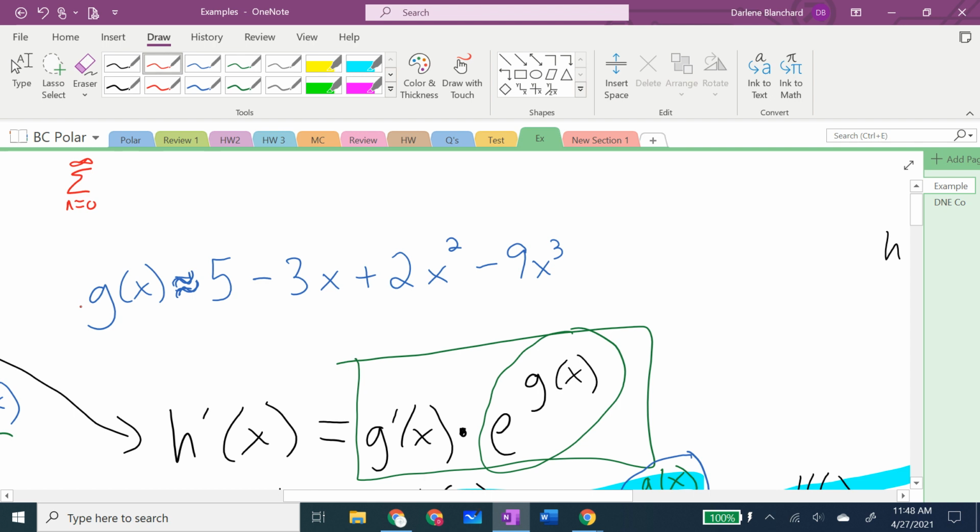So if I'm looking at g of x is equal to nth derivative of g at 0 if it's Maclaurin over n factorial x to the n. When n is equal to 0, I get my constant term.